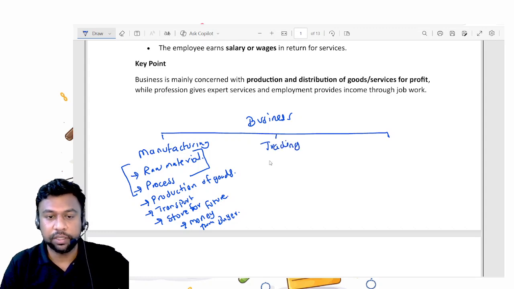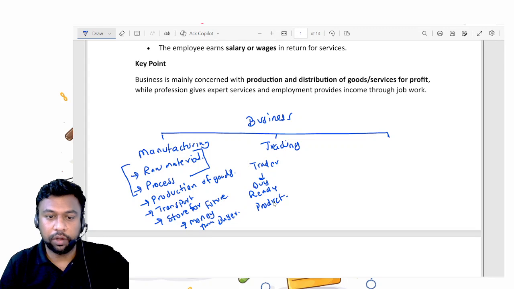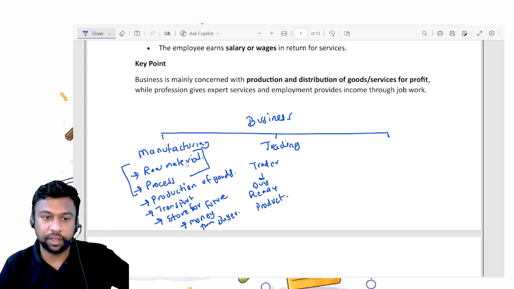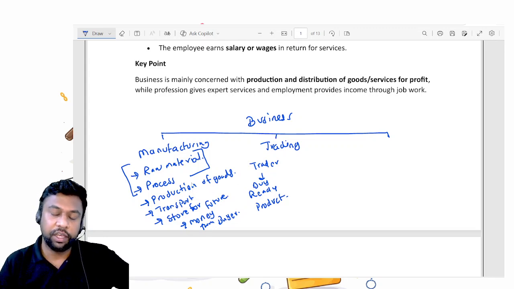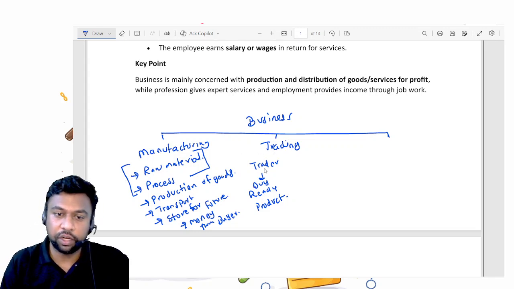In trading, there is one trader who will buy the ready product. Now let us say the manufacturer doesn't want to be involved in finding retail buyers or in much transport. So he will catch one trader and sell the majority of his product to this trader.